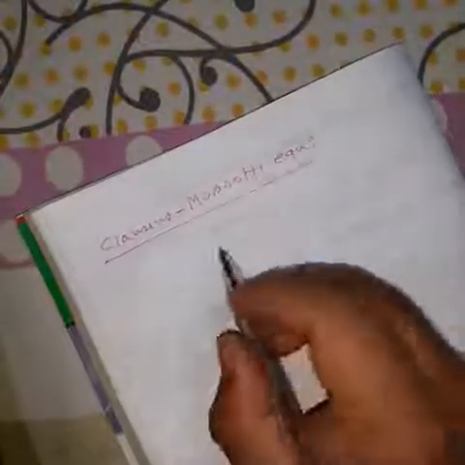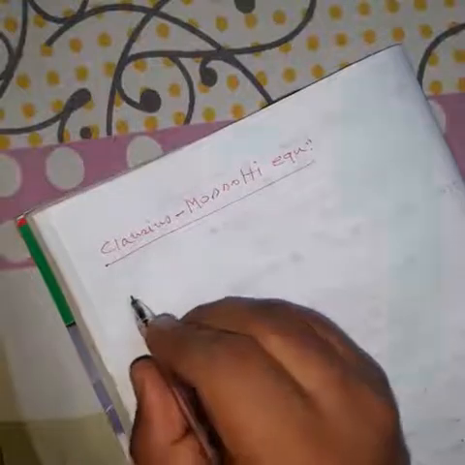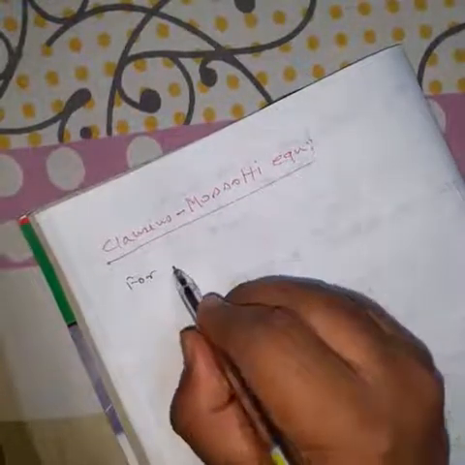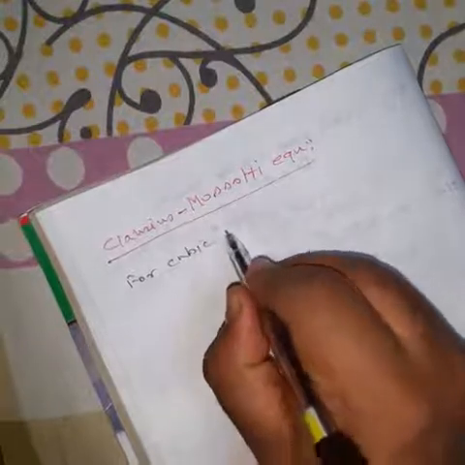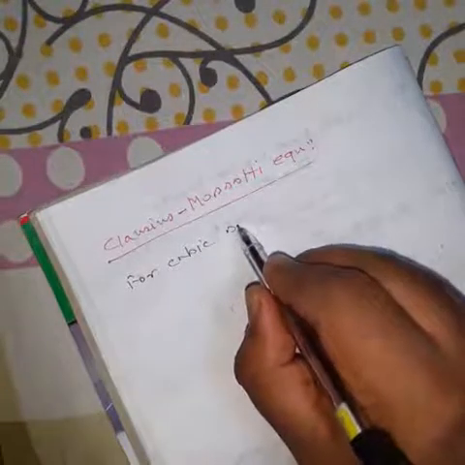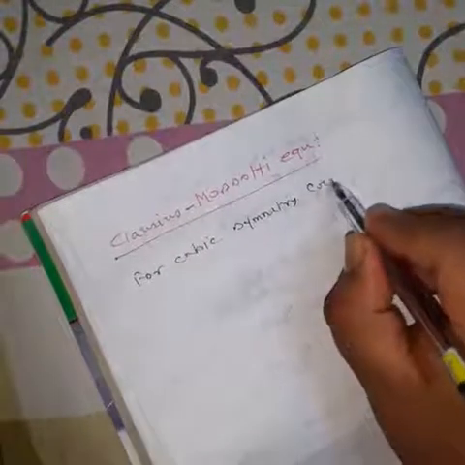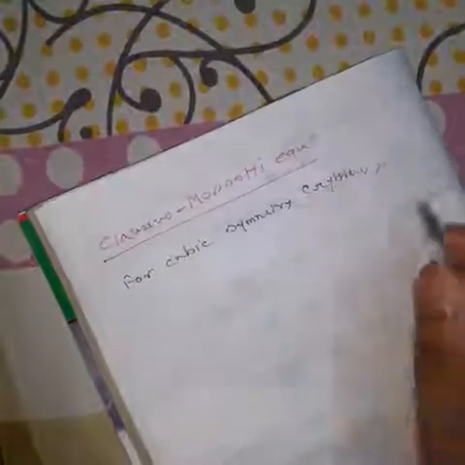We only need to know the equation, and basically we need it for MCQ type questions. For a cubic symmetric crystal, this equation gives the relation between the polarizability and the dielectric constant.